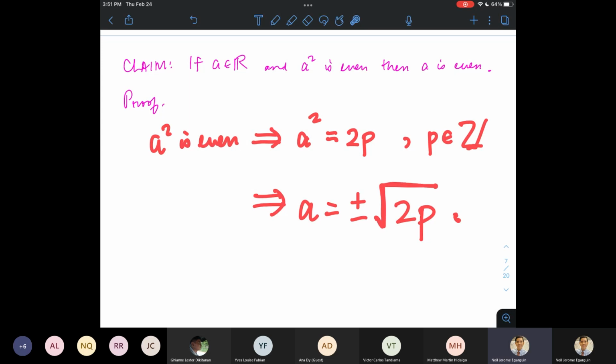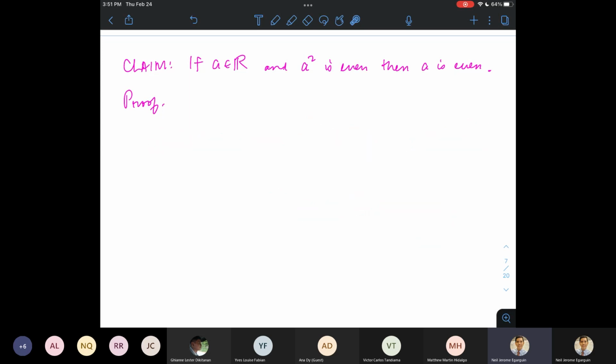Kasi nga may square root na kasama, hindi ko alam kung kaya ko makapaglabas ng factor na 2 out of this square root. And then kung makapaglabas man ako ng 2 out of this square root, is the expression inside the square root that will be left, will that be a perfect square? So that's a big problem. So kaya yung direct proof, hindi siya madaling gamitin or hindi siya suggested gamitin para sa statement na to.